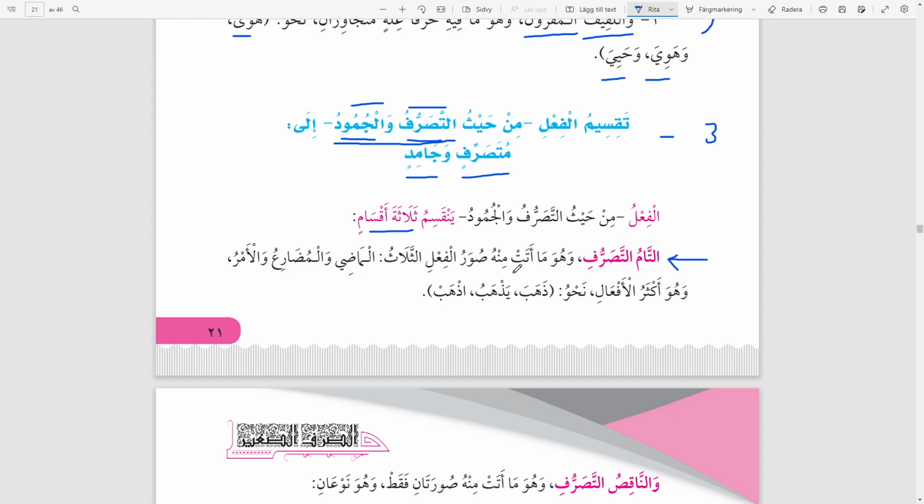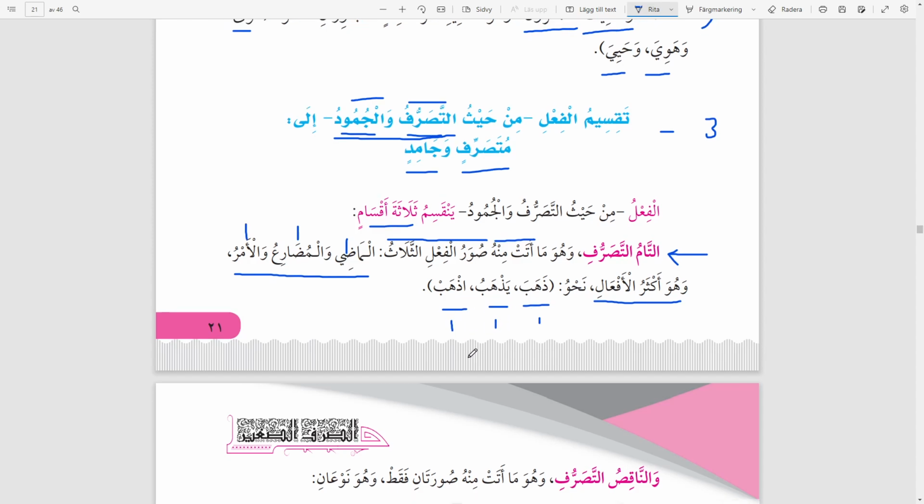It is the verb where the 3 representations, صور, of the verb come, meaning it has all the 3 tenses: past, present, and imperative. وهو أكثر الأفعال. It is the most common in verbs. ذهب, يذهب, اذهب. So it's past, present, imperative.